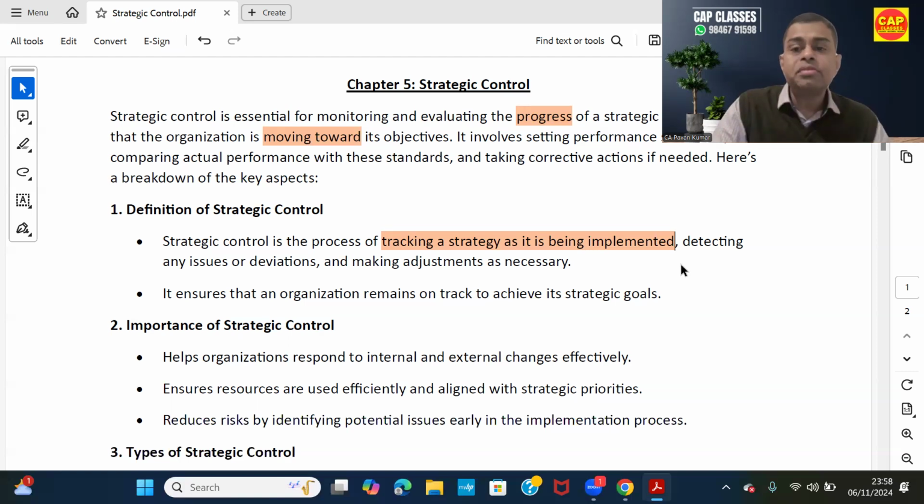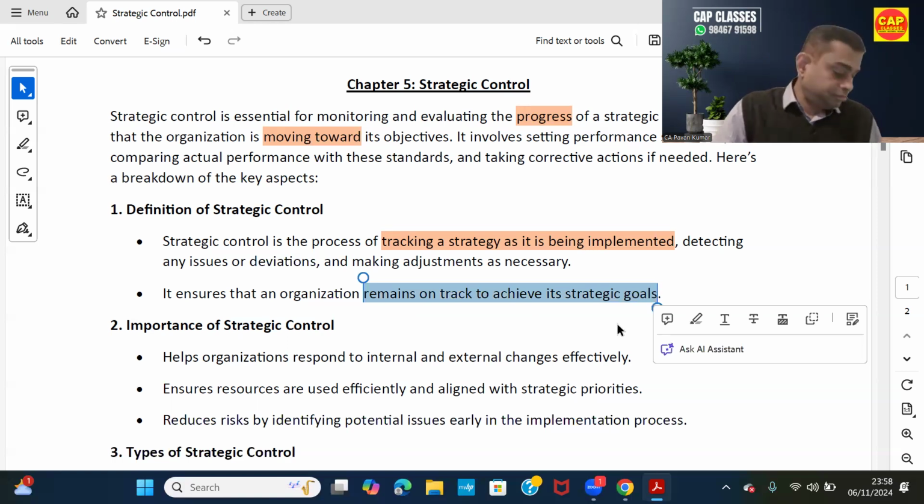So detecting issues and making adjustments as necessary. It ensures that an organization remains on track to achieve its strategic goals. So you have a strategic goal, and you should be on track to achieve it. This is the definition of strategic control.